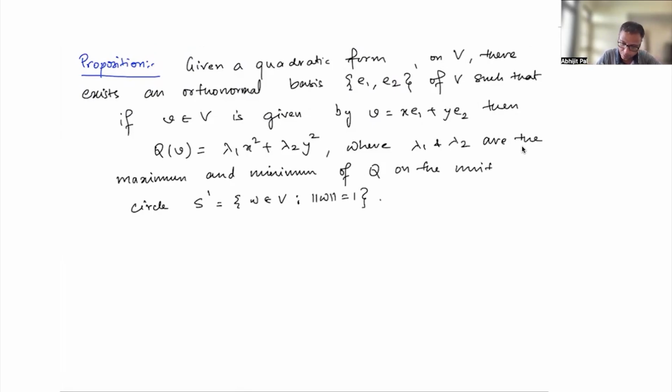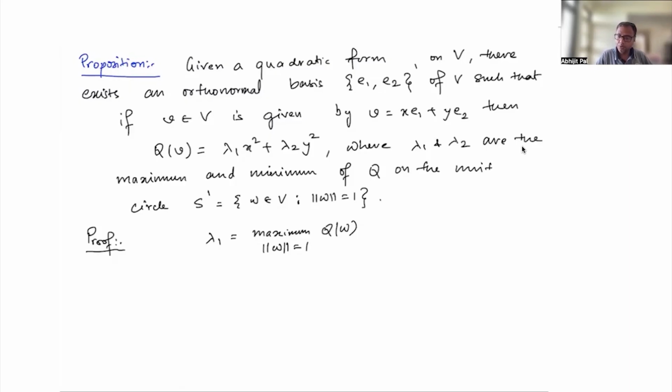So what is the proof of this? Let us take this lambda 1 to be the maximum of Q(w), where norm of w is equal to 1.